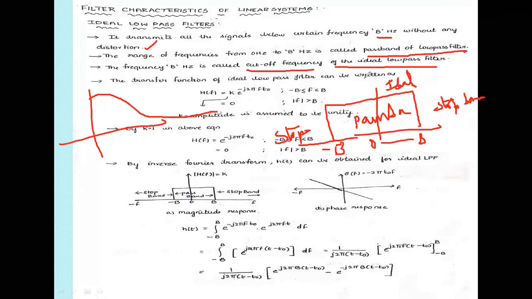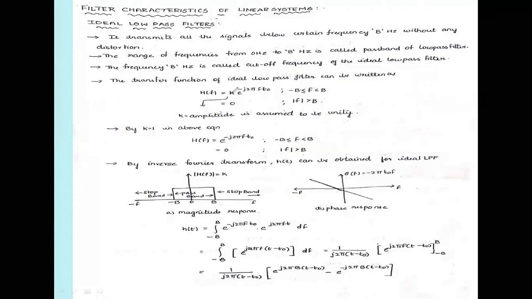So the transfer function of the ideal low pass filter is written as H of f is equal to K into e power minus j omega into t naught in the range of minus B to B, and greater than B the value is 0.